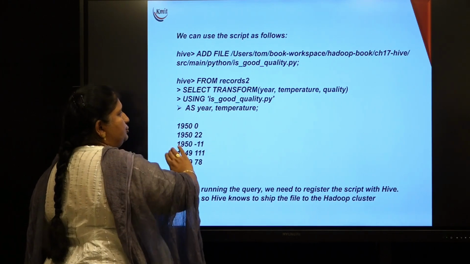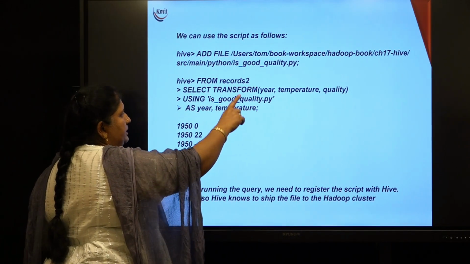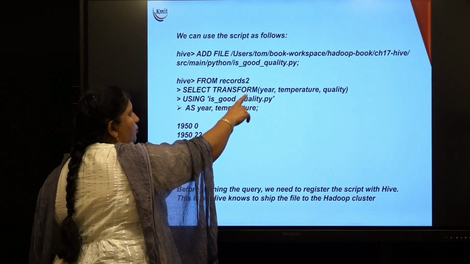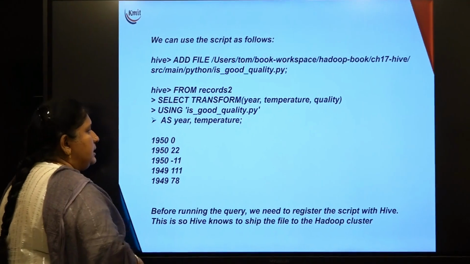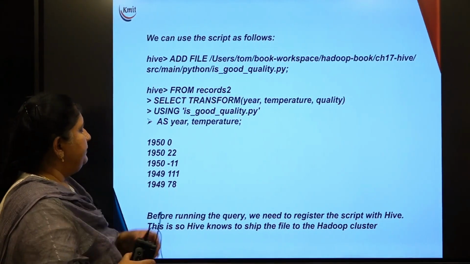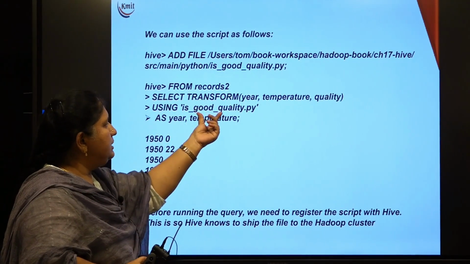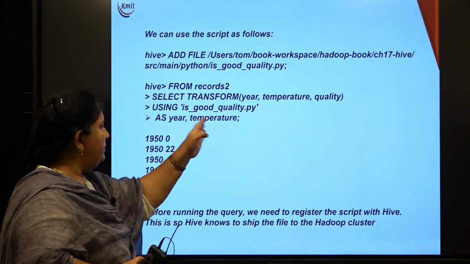From records, select transform year temperature quality using is_good_quality.py. This is the Python script I have written, with year and temperature. So from this table, transform my data using this Python script and show me the output as year and temperature.